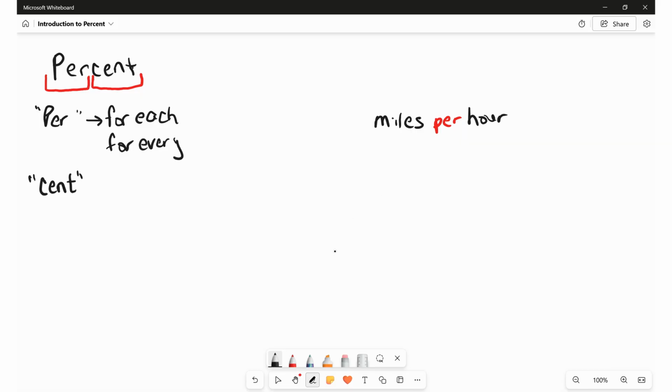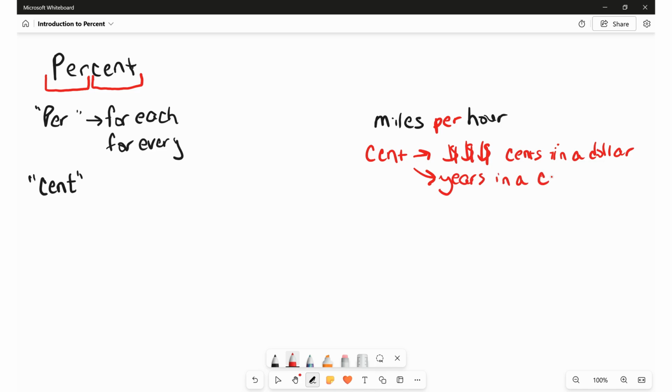Let's look at some other places that cent shows up. When we think about cent, we can think about money. Think about how many cents are in a dollar. Or perhaps we can think about years in a century.